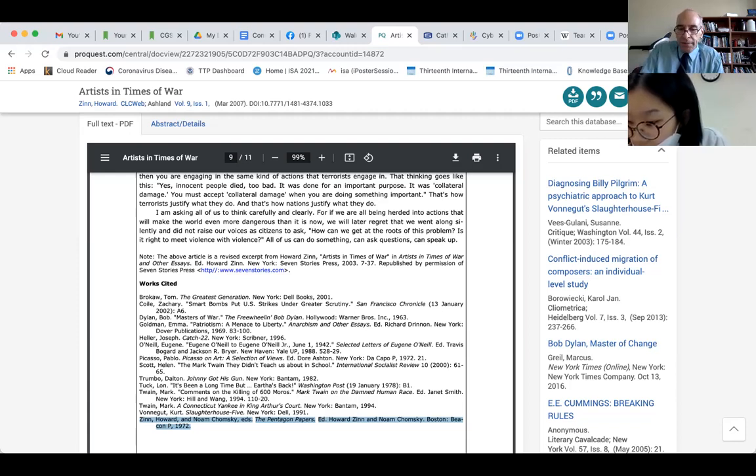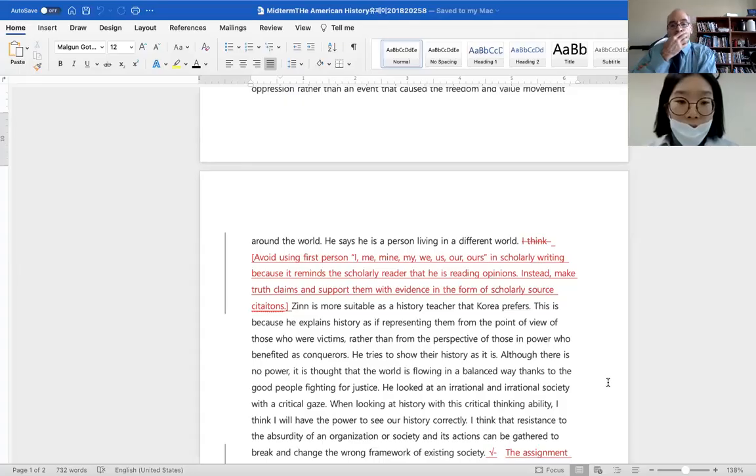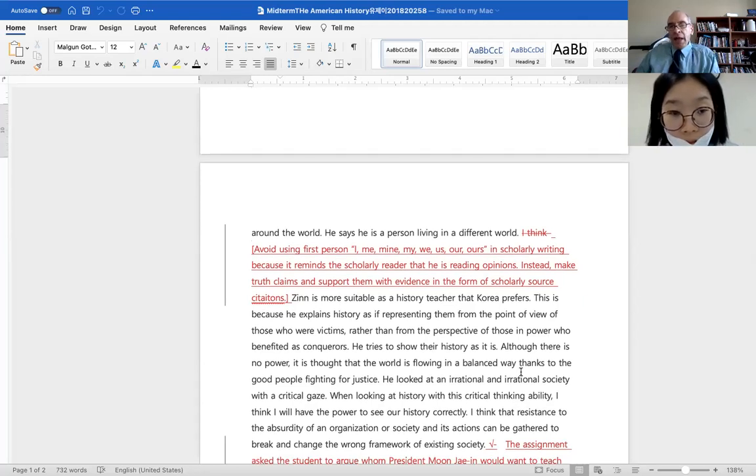So let's go back to your paper. I have to redo the share to go back to the paper. Here you see your paper. When I read Flynn's essay on Zinn, he hates Zinn, and he says Zinn's book is biased.